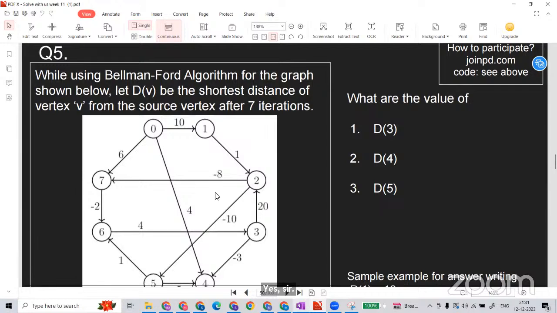D of V is the shortest path distance of the vertex V from the source vertex after 7 iterations. What are the values of D3, D4, and D5? So you have to find D3, D4, and D5.